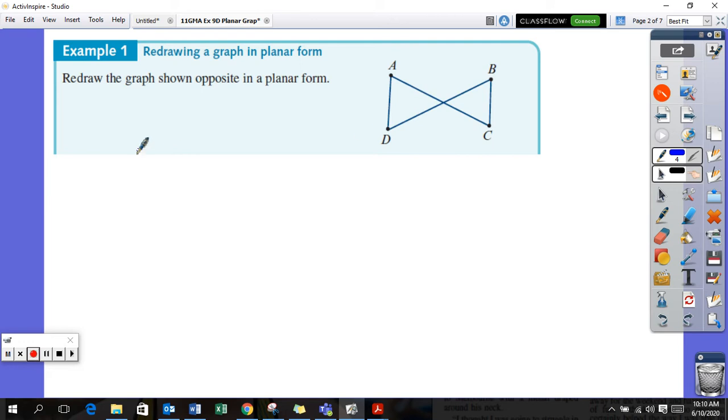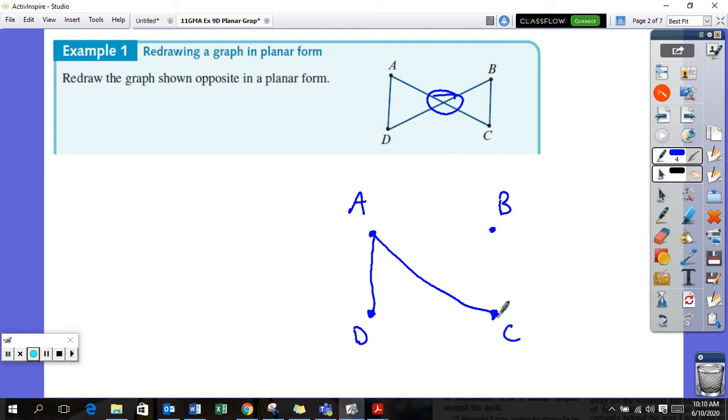So an example here: redraw the graph that's shown here in planar form. So we've got to get rid of this intersection. I'm going to draw my points A, B, C and D, and I'll draw the A to D in, that's fine. I'll draw the A to C in, that's fine.